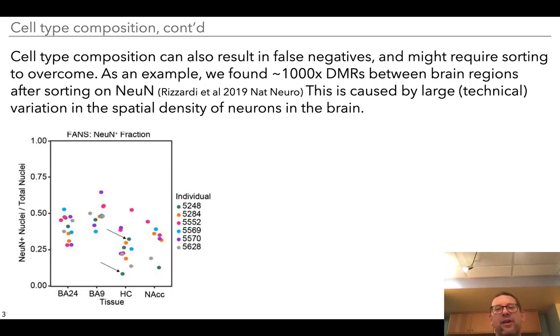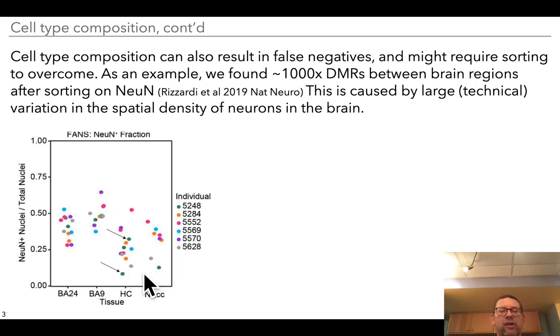This is, in this particular case, caused by the large technical variation in the spatial density of neurons in the brain. Here we have taken different samples from the same slice of the hippocampus. These two arrows indicate basically cutting out a very small piece of the slice and assaying. By moving the scalpel over a couple of millimeters and slicing a new part of the brain, the proportion of neurons in the same section changes from roughly 10% to 40%.